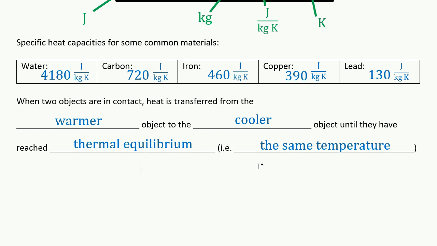So two objects, different temperatures, they touch each other. Heat is going to go from the warmer object to the cooler object. Remember, heat is the transfer of thermal energy. And that transfer is going to keep going until the objects are the same temperature. And then there's no reason for energy to go one way or the other.